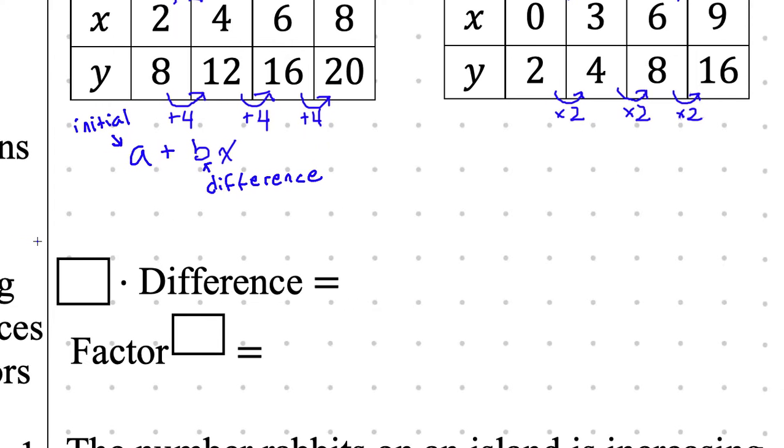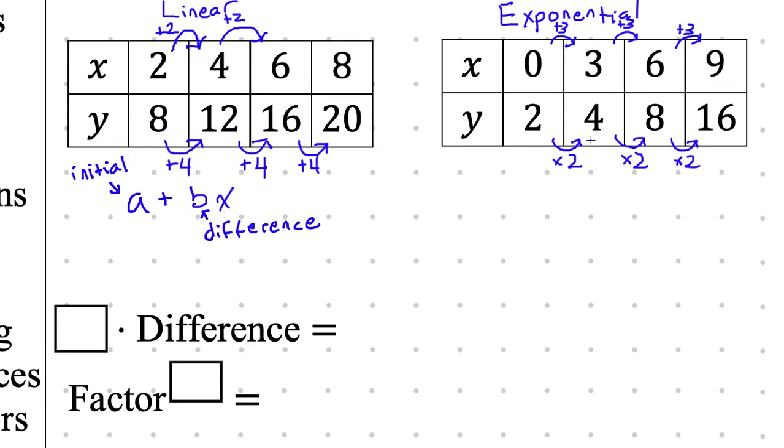Can someone give me the general equation for an exponential function? Yeah, Wyatt. So the general equation for the exponential form is y equals a times b to the power of x. Perfect. Yeah, there it is. And then another quiet raised hand.